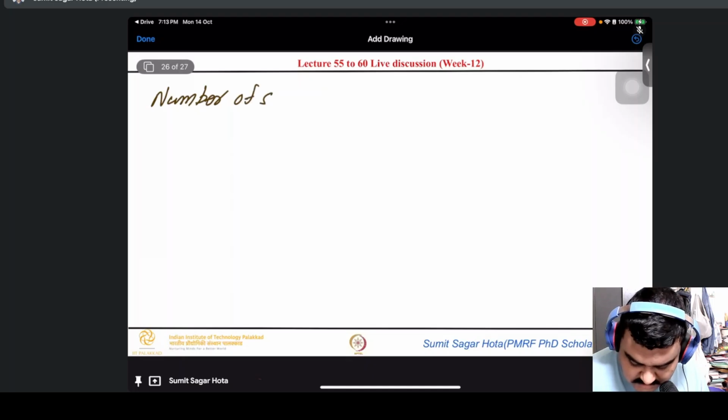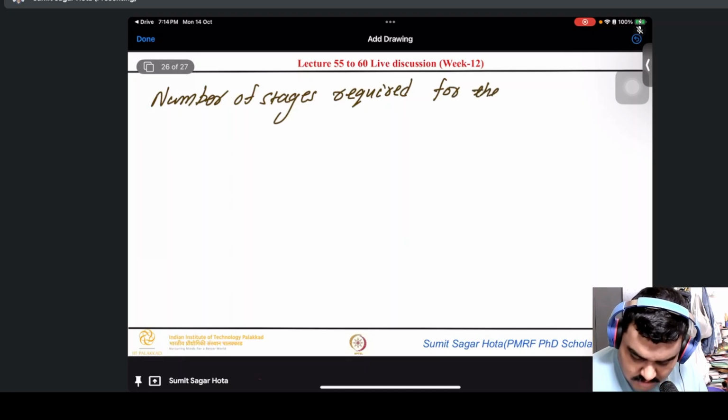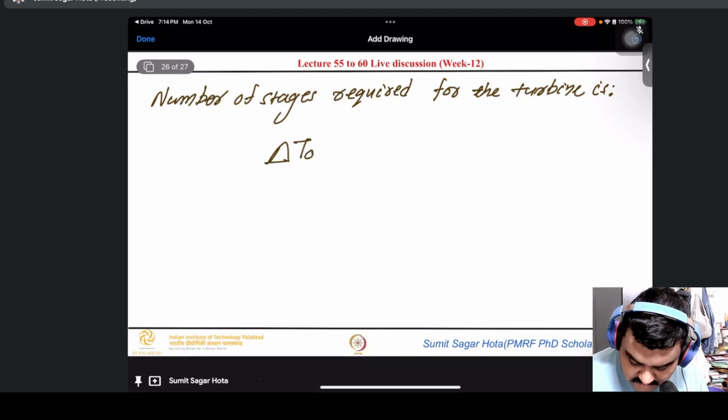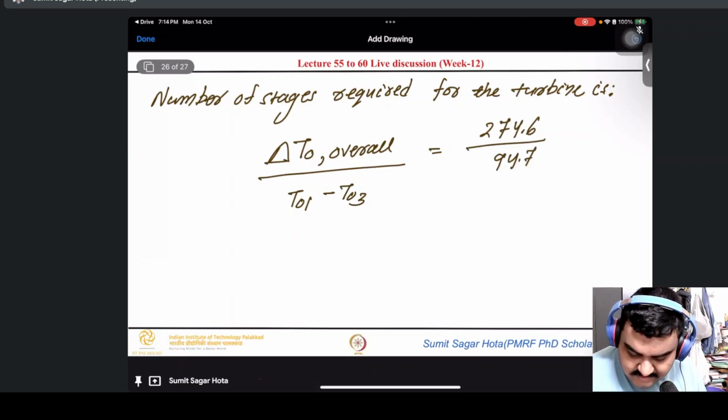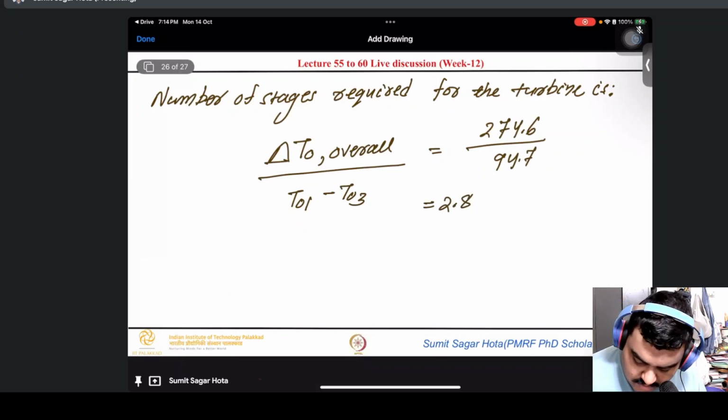Number of stages required for the turbine is delta T naught overall divided by T naught 1 minus T naught 3, is equal to 274.6 divided by 94.7, which is 2.89, which is 3 stages.